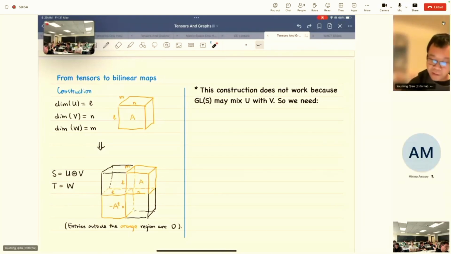So this basically means that GLS, where S is U direct sum V, will mix up U and V. At the end of the day we want this to be block diagonal, but if you just put it plainly like this, you cannot impose that the GLS does not mix the U slices and the V slices. So that's the problem we want to resolve.